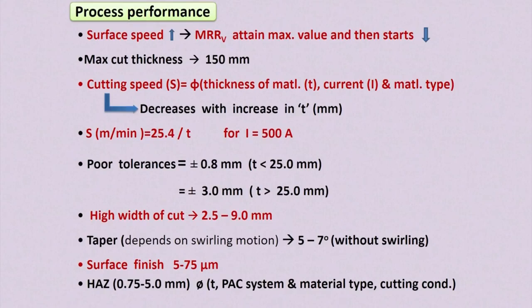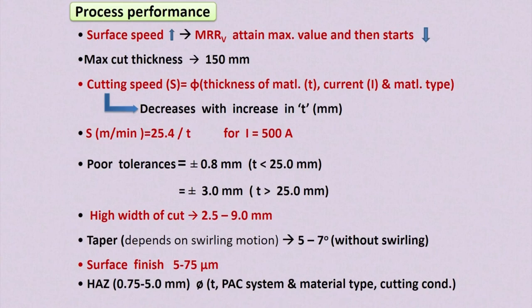The surface finish achieved on the machined surface is very poor. It is 5 to 75 micron in case of the plasma arc machining process. Also a huge heat affected zone is formed on the machined surface, around 0.75 millimeter to 5 millimeter.